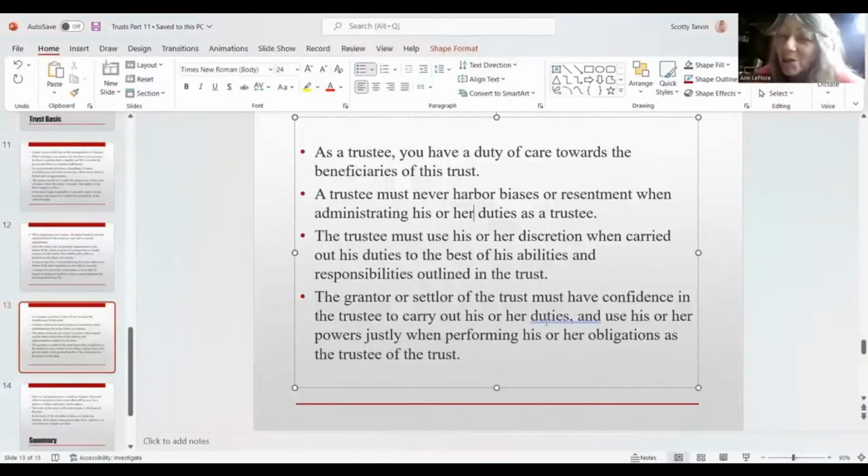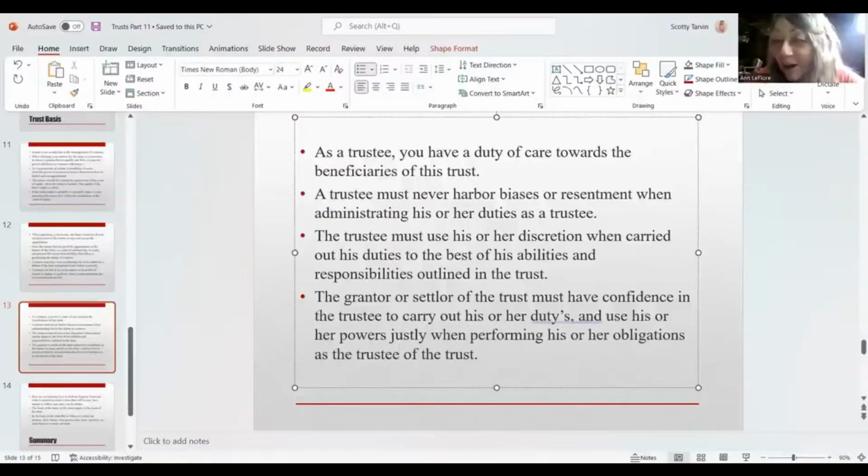But what you guys have got to do is, you're going to be the trustee of the trust until something happens to you. So pick somebody that doesn't have family drama or family dynamics. I call it family dynamics. So we want to stay away from family dynamics, family drama when we're choosing somebody.